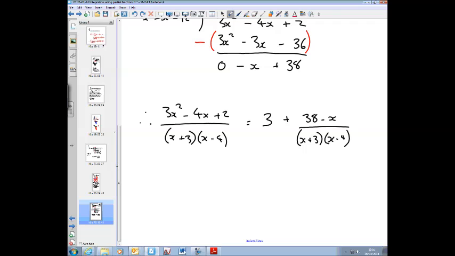So our original integral can now be written as the integral of this. And so all I've got to do now is use the method of partial fractions again on this bit here. Split it up, put a over x plus 3 plus b over x minus 4, and work out what a and b are.